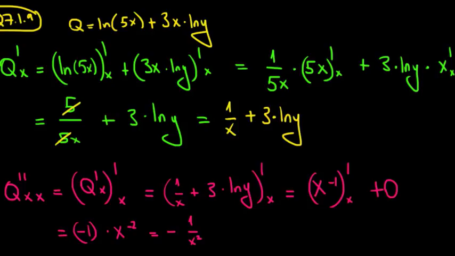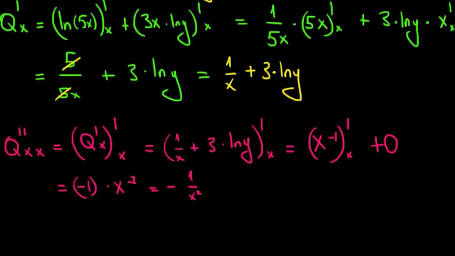Now, let's do the same, but now the second derivative is going to be with respect to y. So we have q derivative with respect to x, and then with respect to y. That's the q derivative with respect to x, and all of it differentiated again with respect to y.